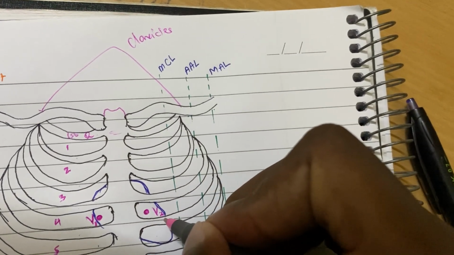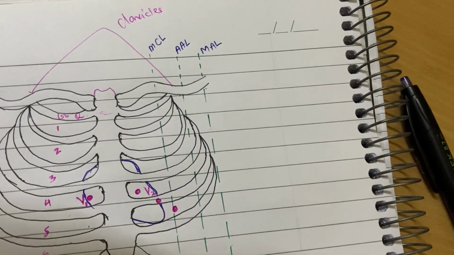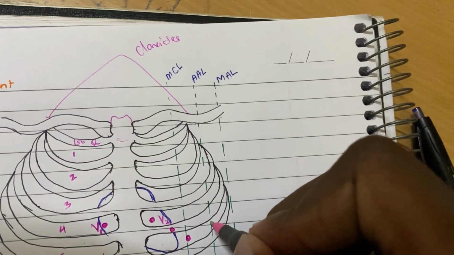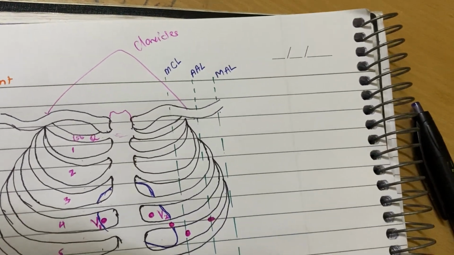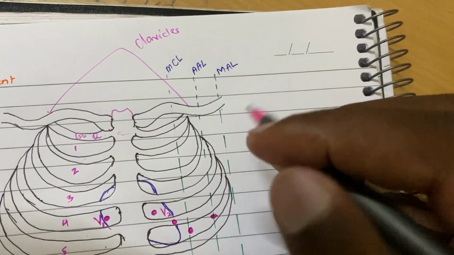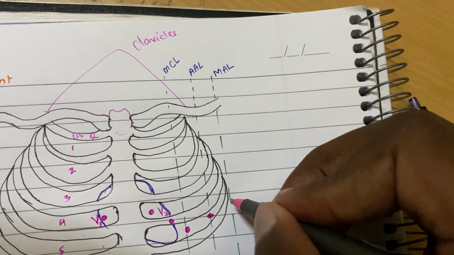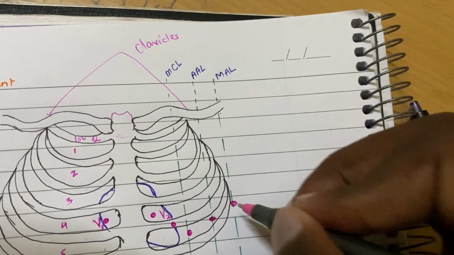And then V5, 5th intercostal space at the anterior axillary line. And then V6, still the 5th intercostal space, at the mid axillary line.